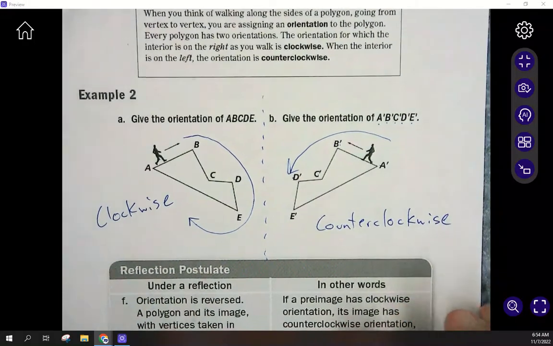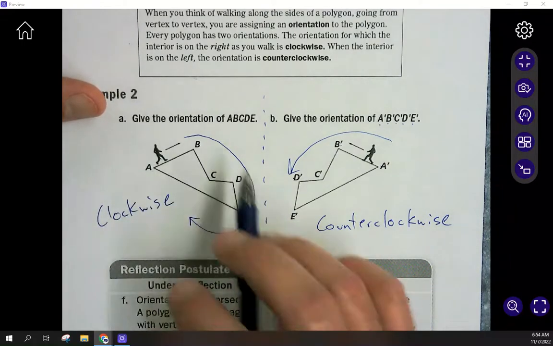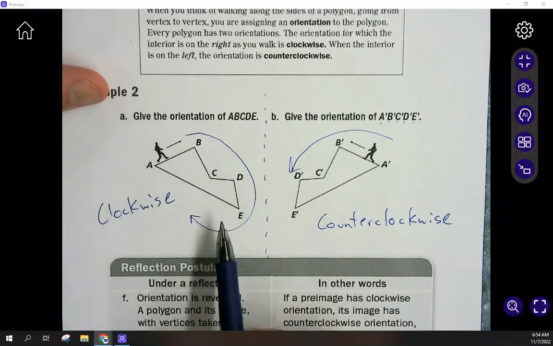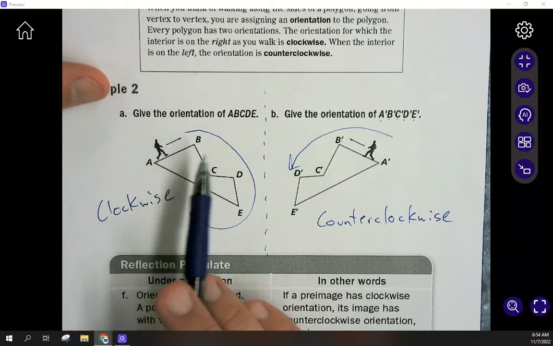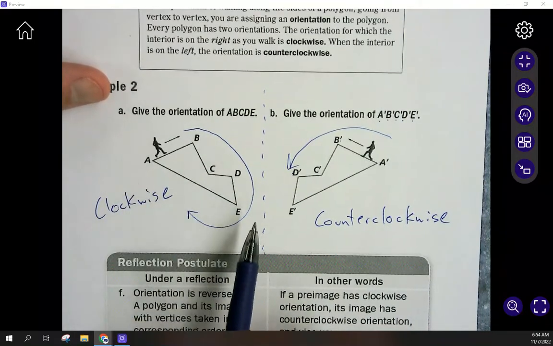Now, a couple reminders. When we name these figures, if you were putting these points on there yourself, you can go either direction to start. So you don't have to go clockwise if the letters weren't already there for you. If you were putting the A, B, C, D yourself, you can put this going counterclockwise.